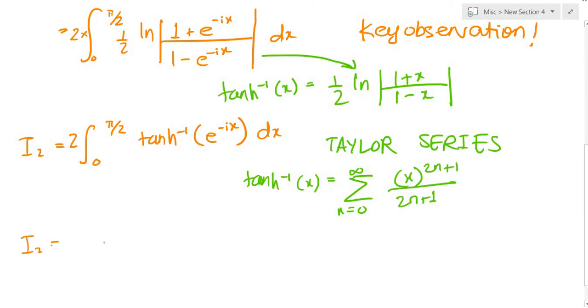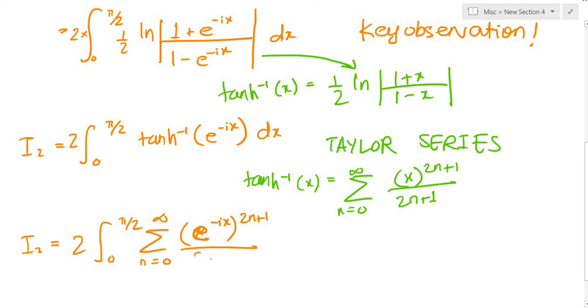So I2 is going to be 2 times the integral from 0 to pi over 2 of the sum from n equals 0 to infinity of, not x but e raised to negative ix, because that's the argument, the whole thing raised to the 2n plus 1th power, divided by 2n plus 1. And definitely do not forget the dx.